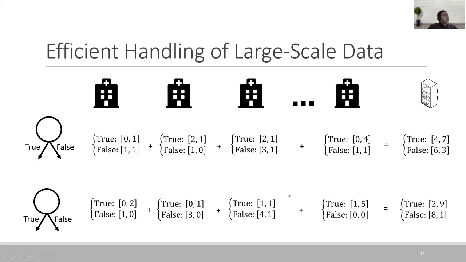But the other part of the k-PPD-ERT approach is to limit the participation of parties in every round of secure aggregation, or every round for selecting the best candidate decision node. So before, all the parties would participate in the process for selecting each candidate decision node.